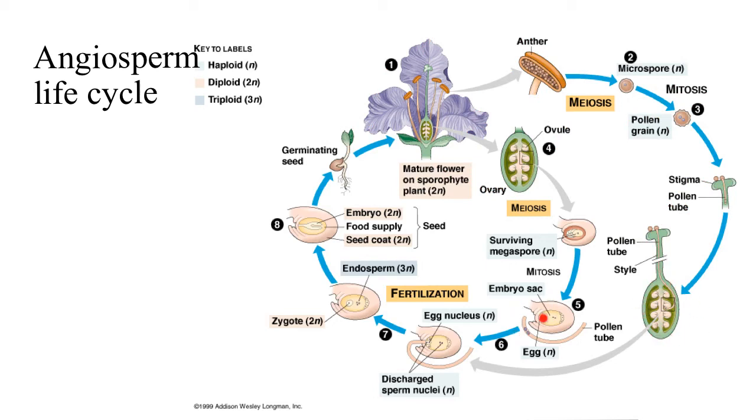Within the ovary is an egg. So we will get that sperm from the pollen meeting the egg in the ovule. So sperm and egg are going to be meeting in that ovule, which is in the ovary. They can then fertilize, which means they will become a zygote, which means they are 2N or diploid.